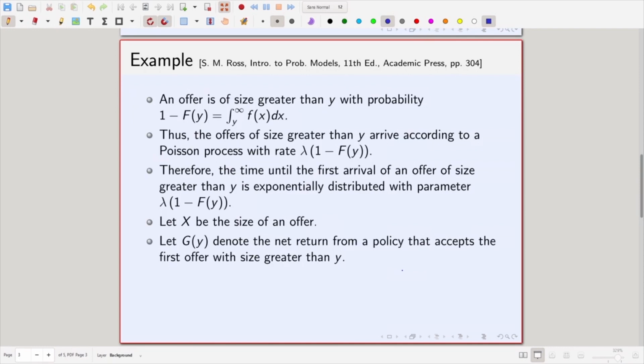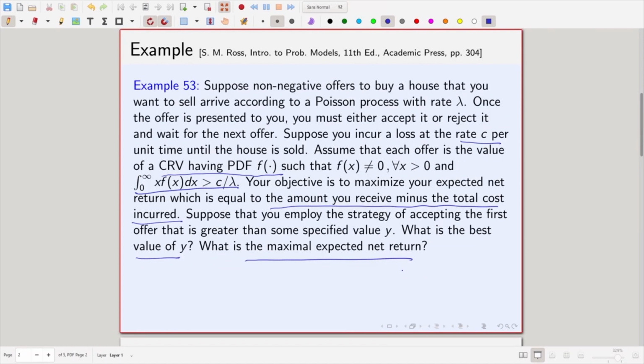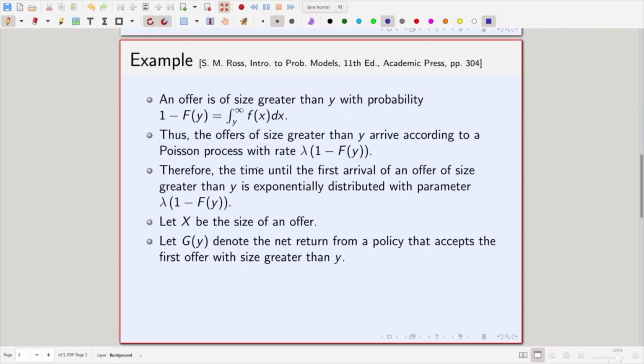Now, an offer is of size greater than y with probability this. Why? Because each offer is the value of a continuous random variable having probability density function f. So, the probability that the offer will have size greater than y is 1 minus F(y).